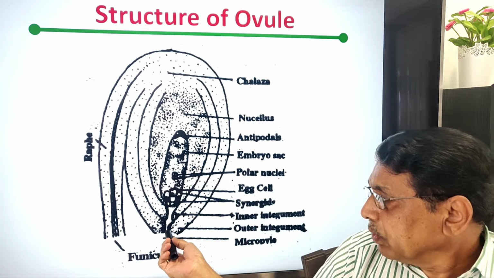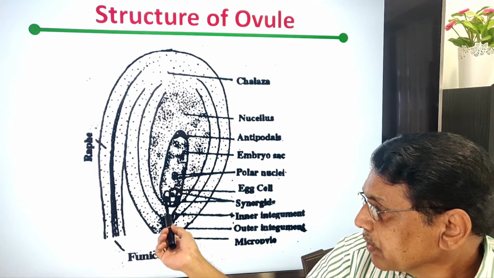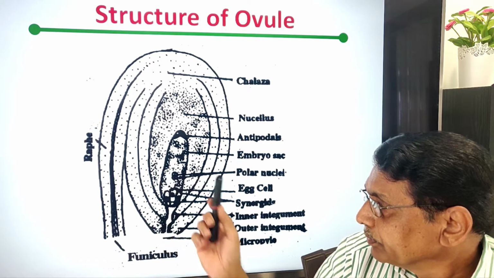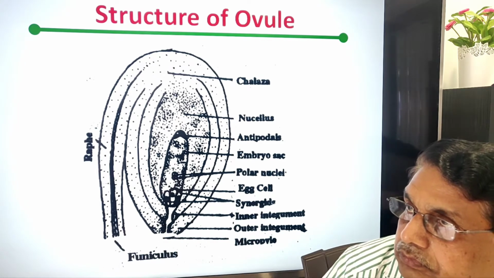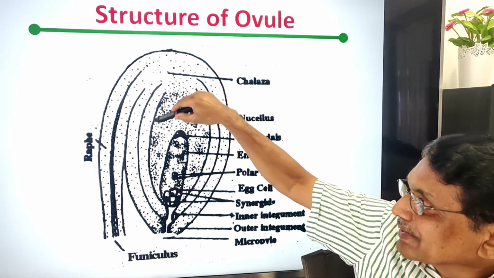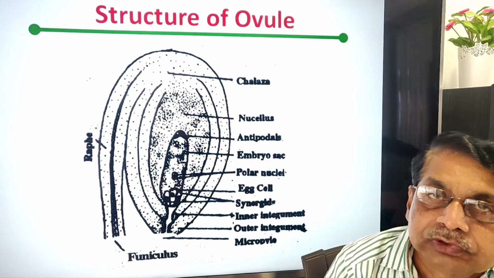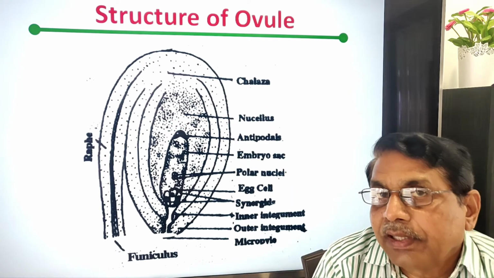This is a micropyle, opening of the ovule, where the integuments are absent. The central tissue is called nucellus. This is nucellus, 2n, belongs to the parental generation.